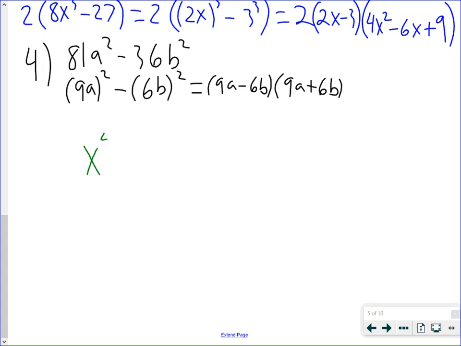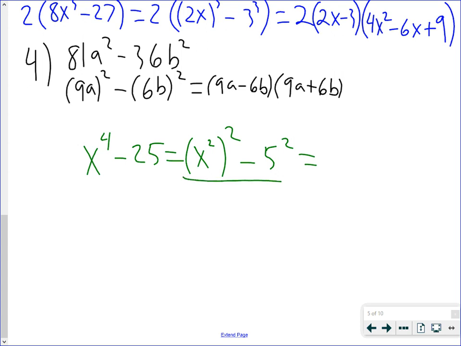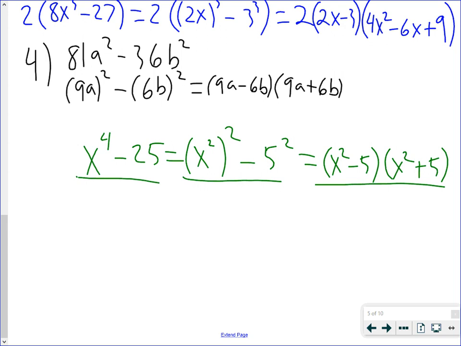We give you x to the 4th minus 25. You should be able to recognize that that's the same thing as x squared, all squared minus 5 squared. And then from here, it's a difference of squares, which is x squared minus 5 times x squared plus 5. So that's what I mean. You should be able to tell that x to the 4th minus 25 is still a difference of squares, since x to the 4th is the same thing as x squared to the 2nd power.